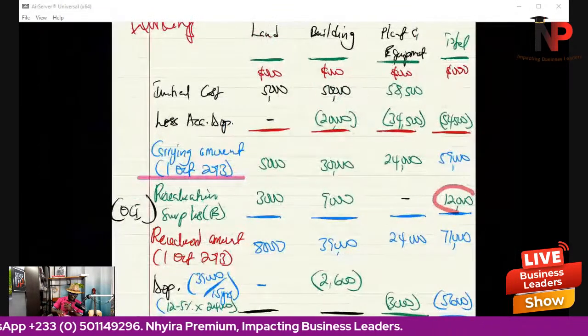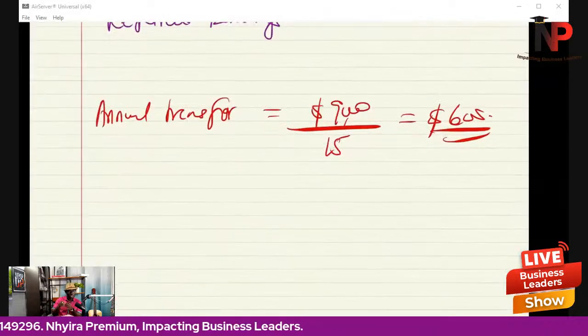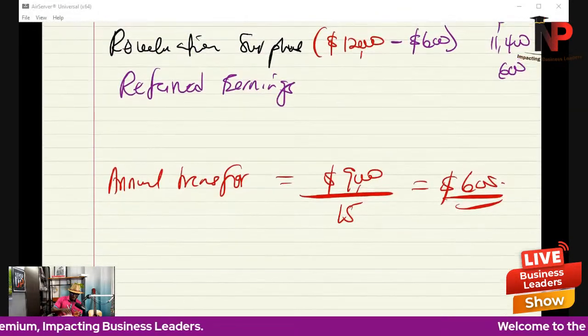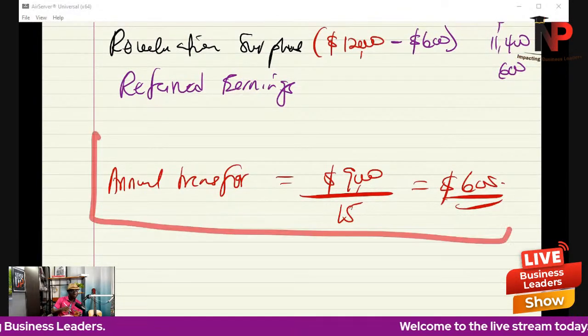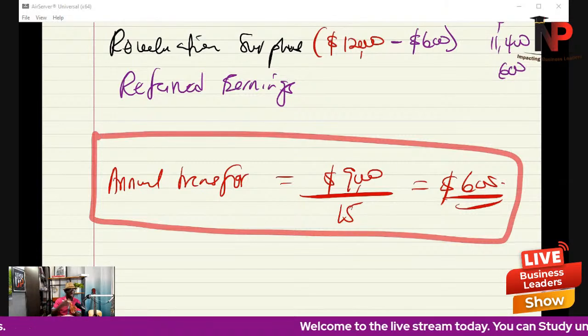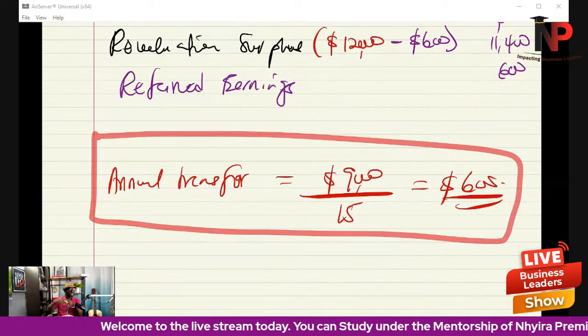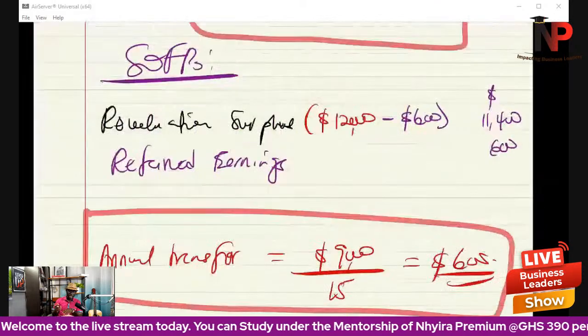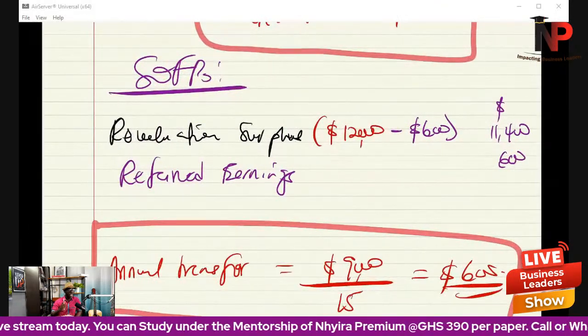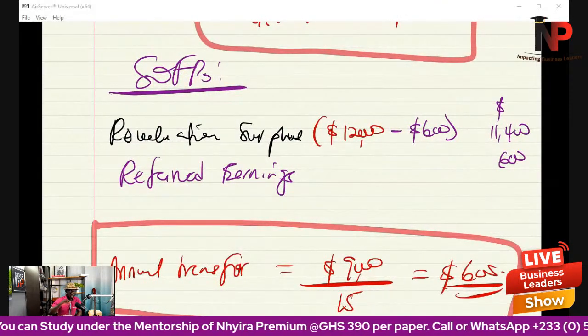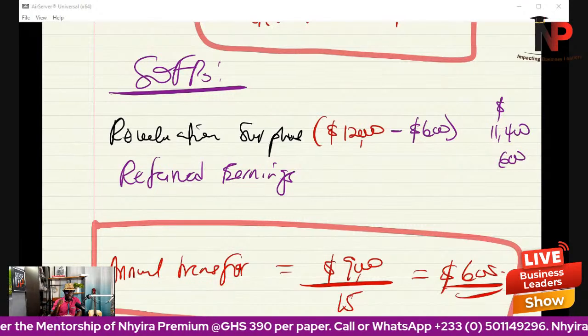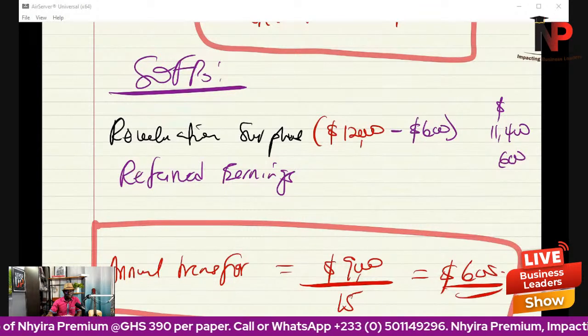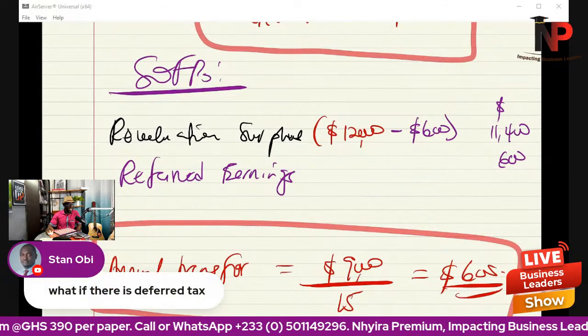Hence, you could take the 9,000, which is the revaluation surplus in relation to the building, then you divide that by 15 years, the remaining economic useful life of the asset. And that gives you the 600, same as the annual transfer. So that is the issue about that. Let me know if you are okay with that, Clark.